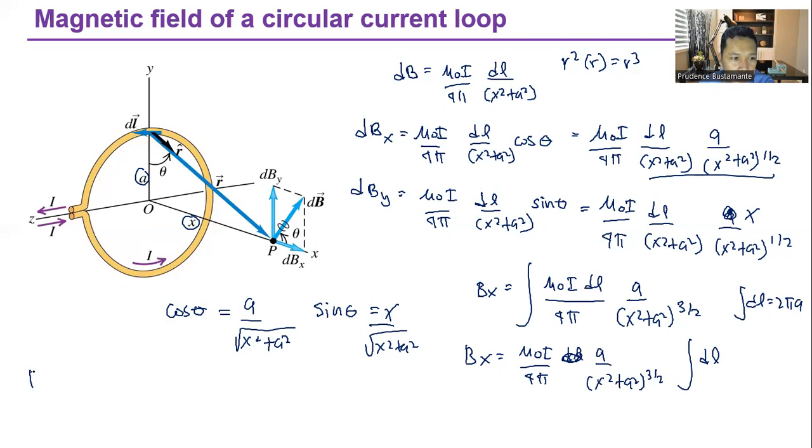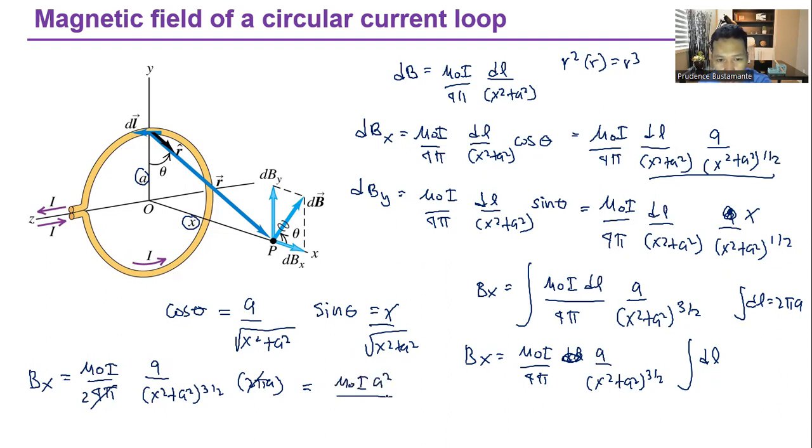So Bx is mu naught I over 4 pi times a over (x squared plus a squared) to the 3 halves times 2 pi a. We cancel the 2, and we are left with mu naught I a squared over 2 times (x squared plus a squared) to the power of 3 halves. So that is our Bx.